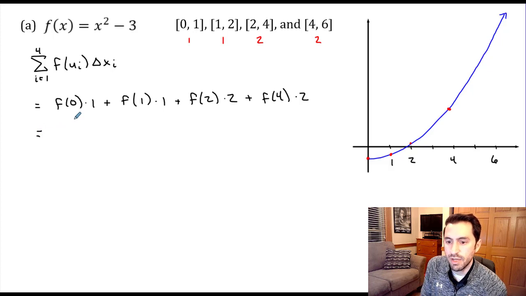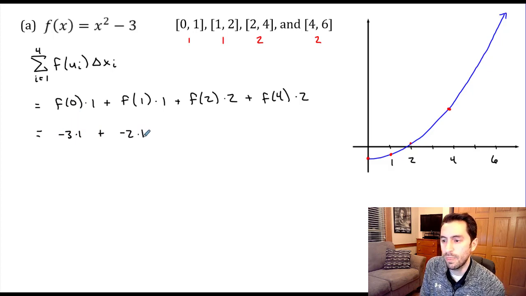So 0 squared minus 3, we have negative 3 times 1. 1 squared minus 3 is negative 2 times 1. f of 2, 2 squared minus 3, so that'll be plus 1 times 2. And our last one, f of 4, so 4 squared minus 3, 16 minus 3 is 13, times 2.